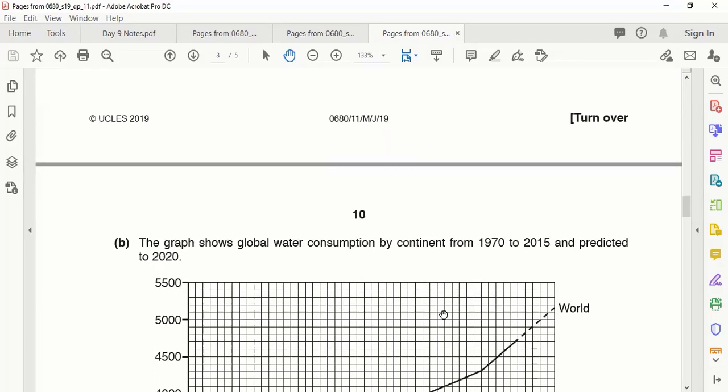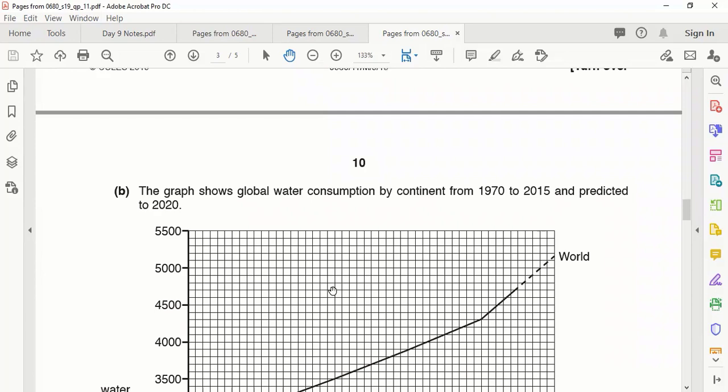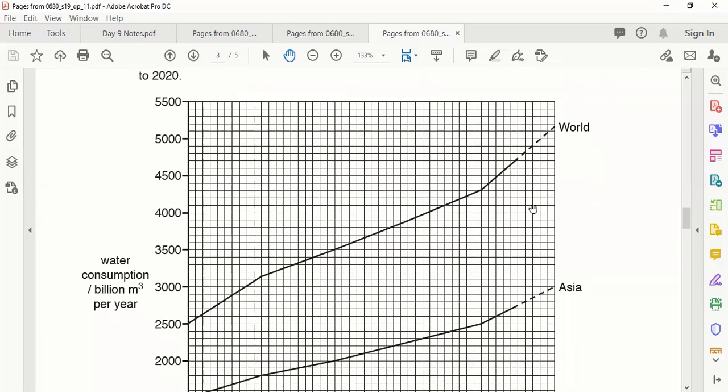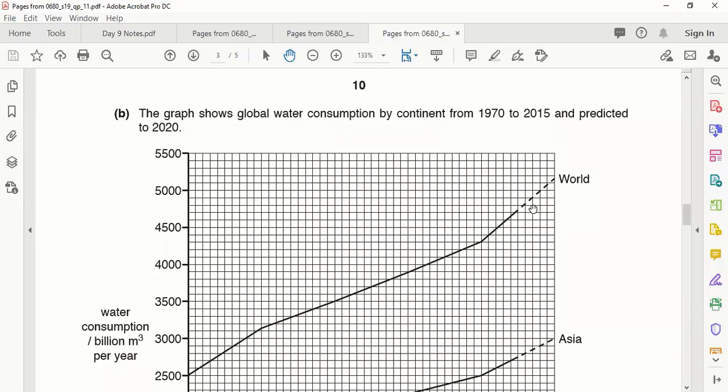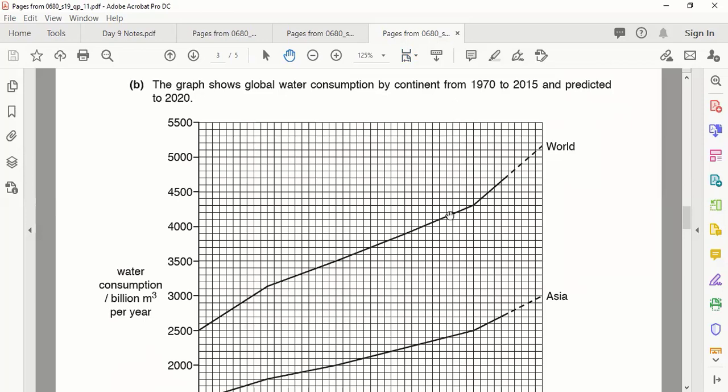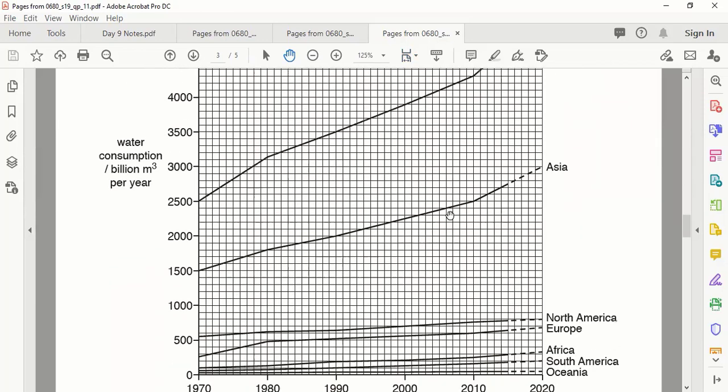Okay, now they're saying that the graph shows global water consumption by continent. You know, there are 7 continents, from 1970 to 2015. How much water is used by each continent. So here they have given the total world and Asia, North America, Europe, Africa, South America.